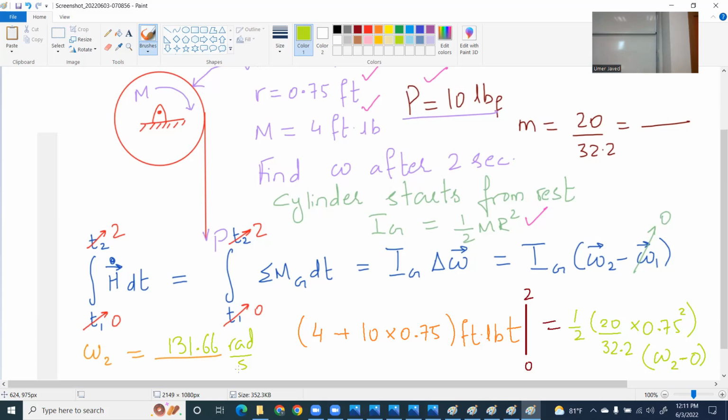Then it's just equal to alpha times 2. That's it. Omega f equals omega i, omega i is 0, plus alpha delta t. Did you get the same omega? Yeah, obviously, it's going to be the same. Sure, 100%, exactly the same.